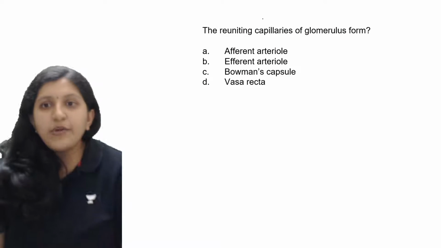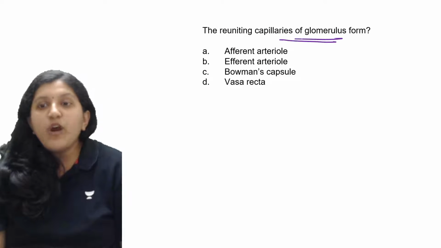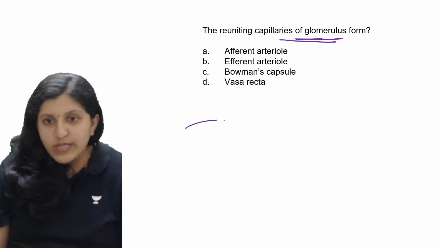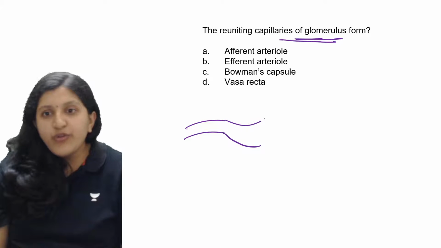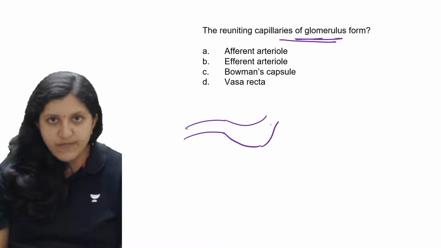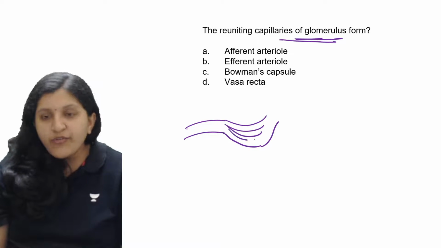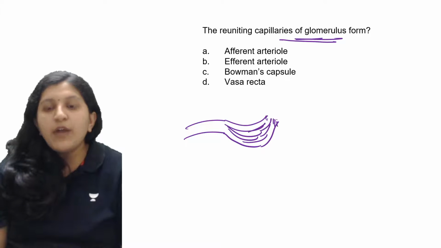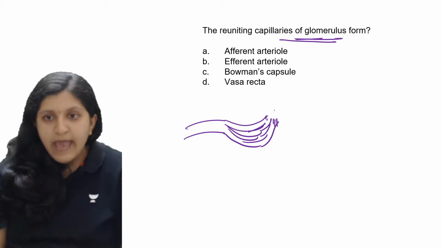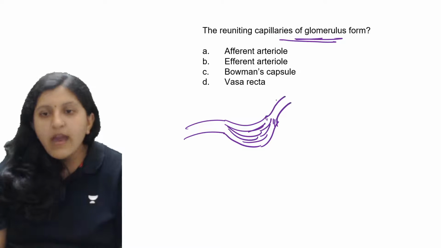Then, the reuniting capillaries of the glomerulus. As we discussed, the afferent arteriole divides, forming the capillaries here. Now these capillaries reunite and form a particular arteriole.